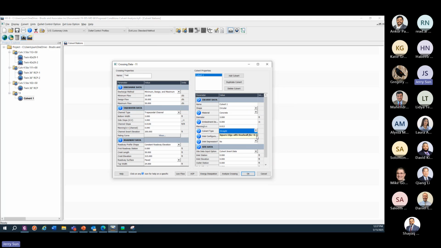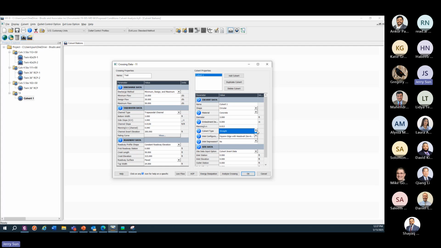Here is the entrance loss, called entrance loss. If we have a square head wall, I think we use 0.5.